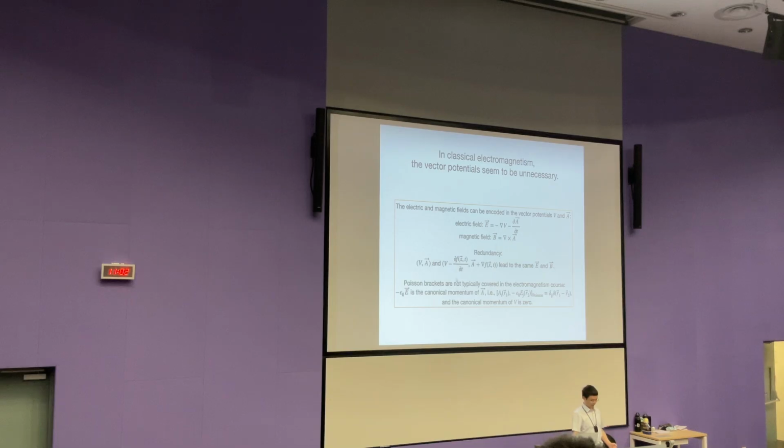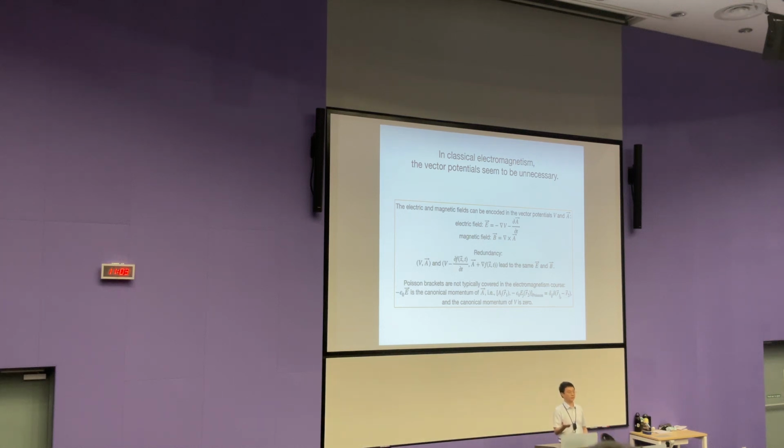It turns out minus epsilon 0 E is the canonical momentum of A. It's not at all obvious, but you can derive it, for example, by looking at the Lagrangian of the Maxwell equation, using which you can derive the Maxwell equations. The Euler-Lagrange equation of that Lagrangian is the Maxwell equation, and from there, using the standard definition, you can figure out what is the canonical momentum of what, and you will see the canonical momentum of A is this quantity. What that means is the Poisson bracket of this and this is this.